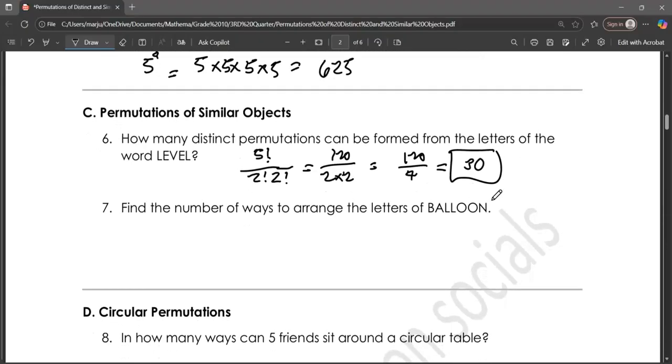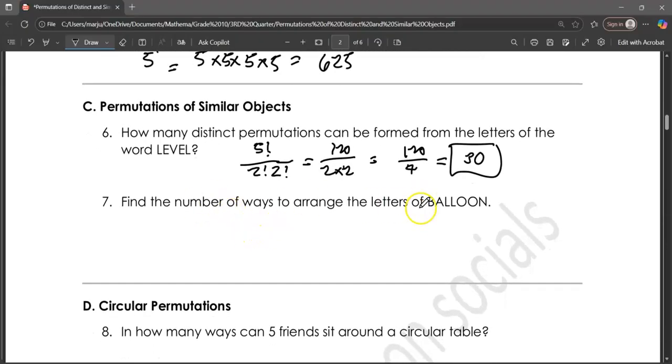Number 7. Find the number of ways to arrange the letters of BALLOON. So again, how many letters are there? 1, 2, 3, 4, 5, 6, 7. So you're gonna say 7 factorial over, look for the repeated letters. You have 2 L's, so that's 2 factorial. Then you have 2 O's, so that's another 2 factorial.